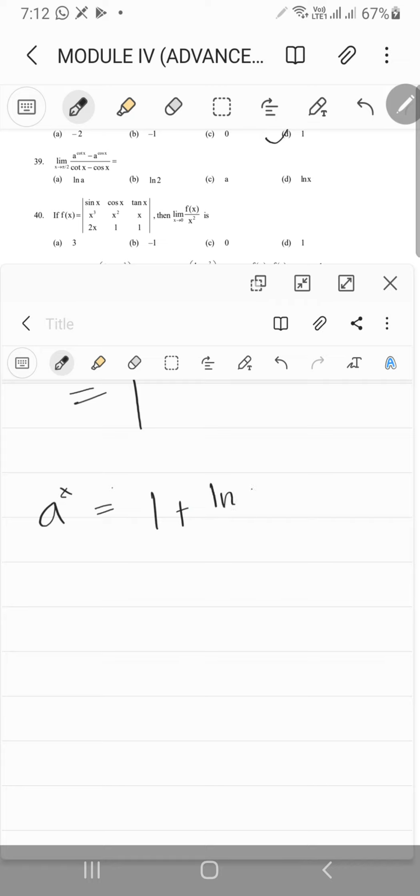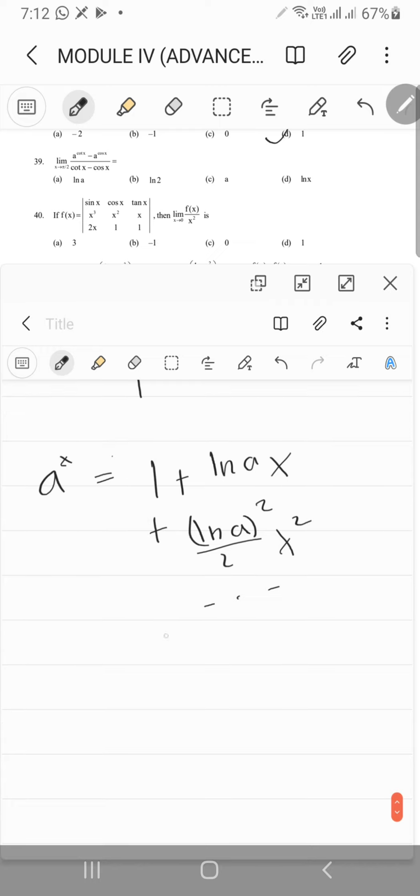So it should be natural log a upon 1 factorial, which is 1, plus, upon 2 factorial, which is 2, and the derivative of that, natural log a squared, x squared, and so on. So this thing will just be 1 plus natural log a into cotangent x.